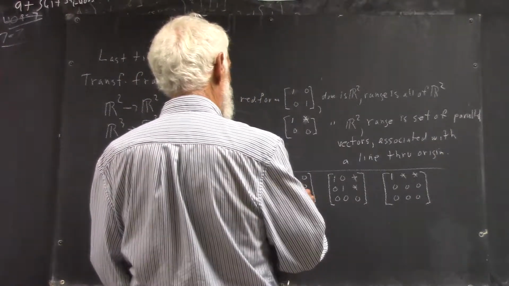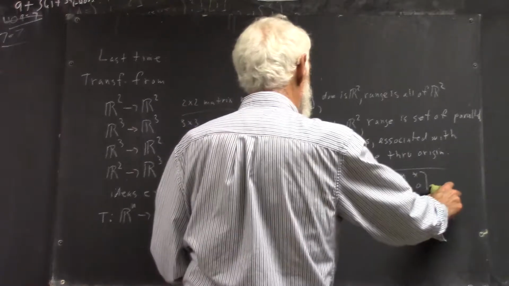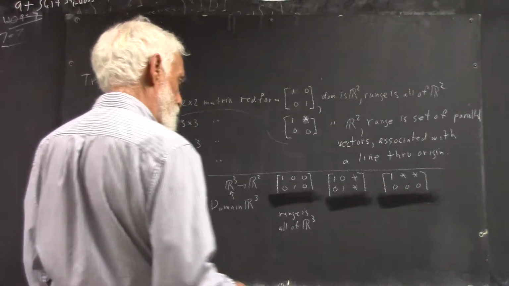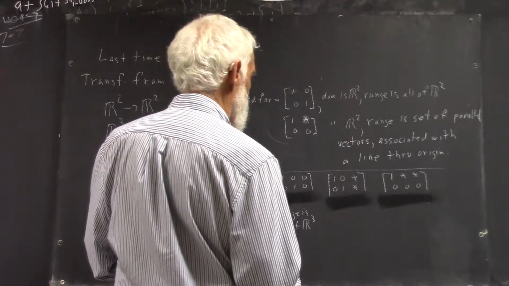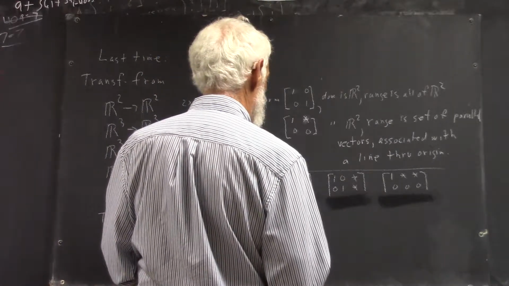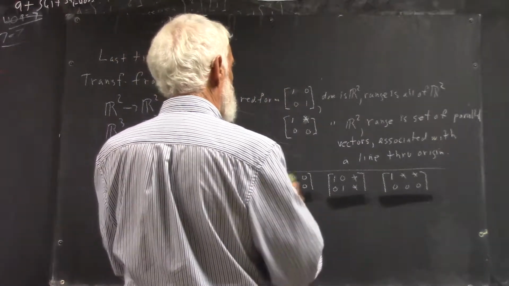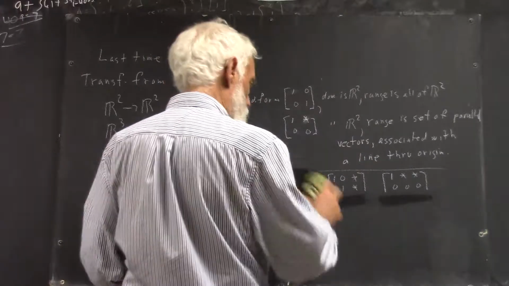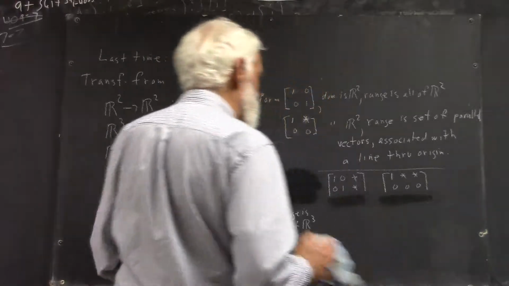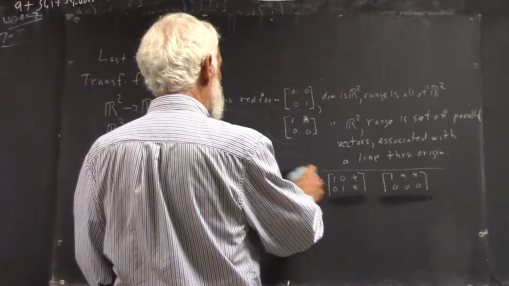Now you don't have to write an example for R3 to R3. Well, I just take out the third row in each case. And I don't need this matrix. It'll essentially be one of these two, although there are other versions of these, and we'll worry about that later. But they're basically two possible cases.